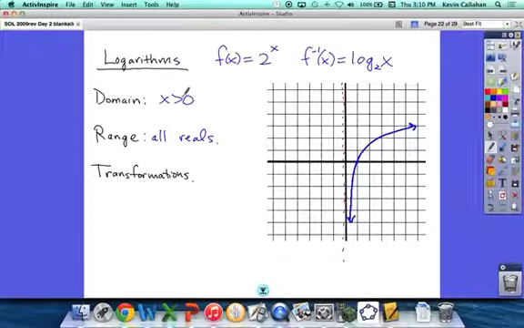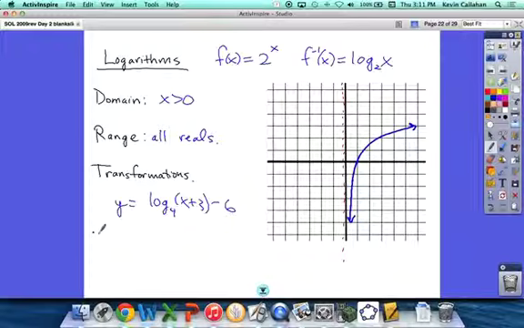Okay, now if I do the same kind of, let's transform it. What if I have y equals log base 4 of x plus 3 minus 6? What is the effect of the plus 3 inside? Left 3. And the minus 6 after is down 6.